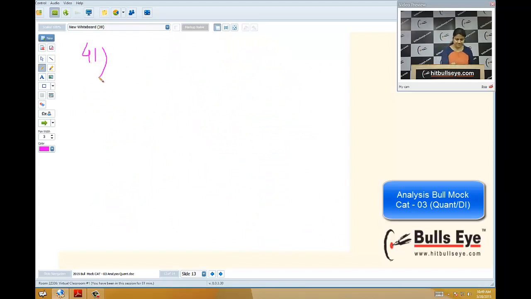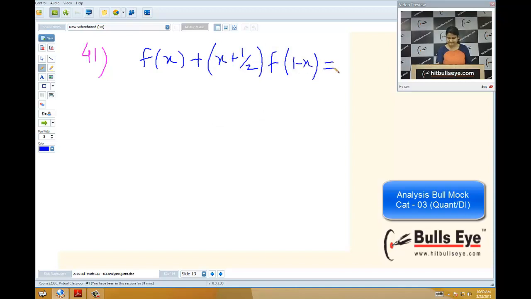Okay, 41st question now. It says f of x plus half f of 1 minus x is equal to 1. And we want to calculate the value of twice f of 0 plus thrice f of 1. It means we want to calculate the value of f of 0 as well as f of 1.